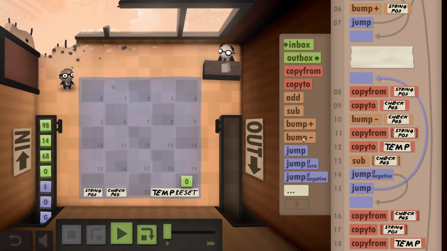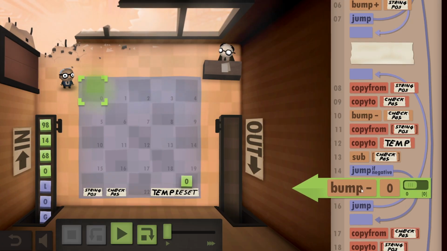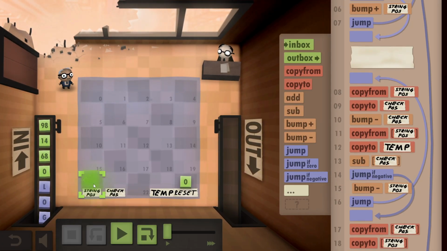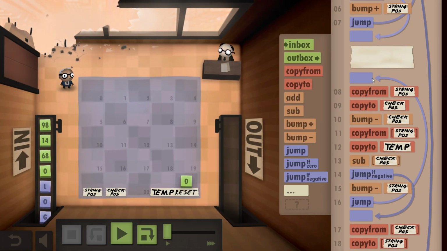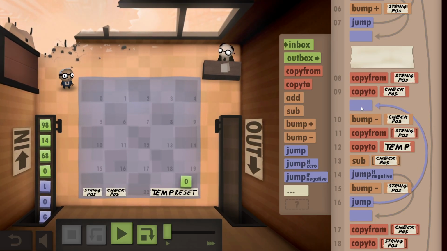If it's fine, you need to bump minus this, and then you jump, you overwrite it, bump... No, you don't need to overwrite anything. Maybe you do. No, you don't.